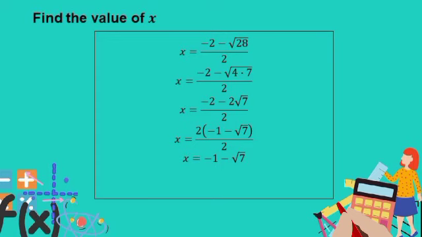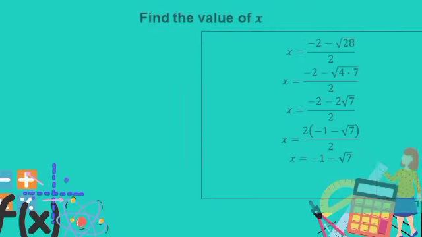So we obtain negative 2 minus 2, which is the square root of 4, square root of 7, all over 2. Just remain the square root of 7 inside the radical. So next, divide it by 2. So we obtain negative 1 minus square root of 7. Very good.